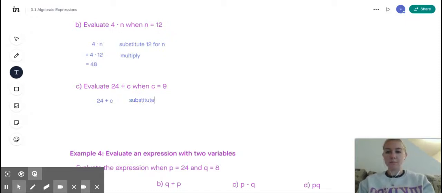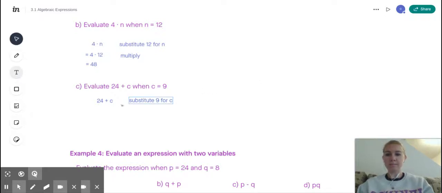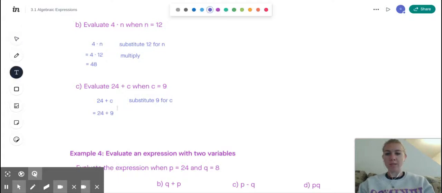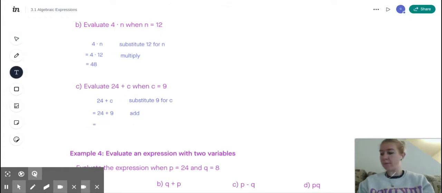Okay. Substitute 9 for C. So now we have 24 plus 9. And our operation is to add. So our next step is to add. And I know that 24 plus 9 is 33.